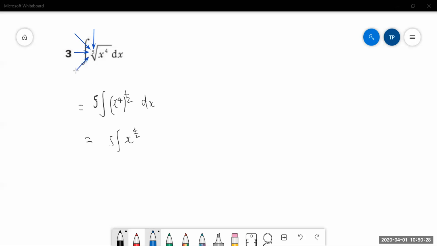Is that wrong? This is a fifth root. It's not a... Oh my god, it's not 5. Okay. So it's to the power of 5.